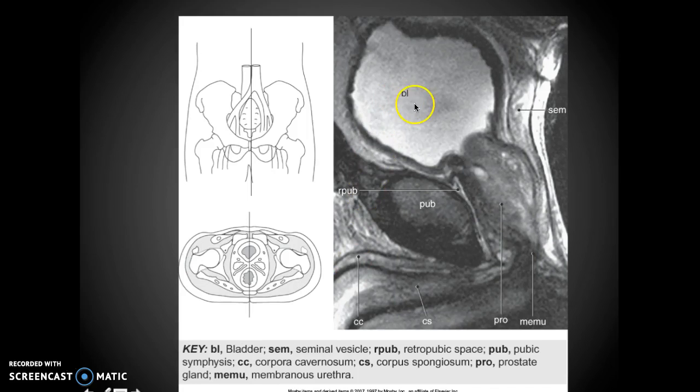So bladder here, and we've got your seminal vesicle in the back. You have your prostate gland with your prostatic urethra running down the middle with your membranous urethra coming down and around, and right here is your corpus cavernosum, and this is your corpus spongiosum.